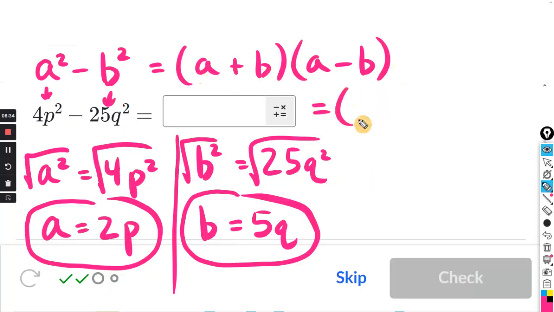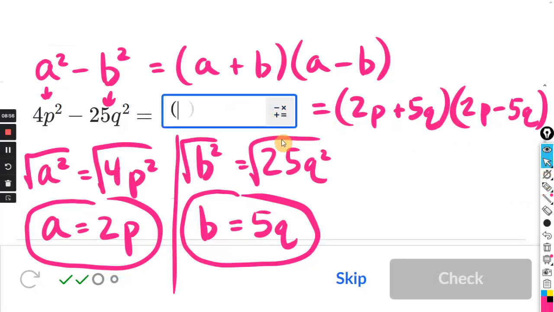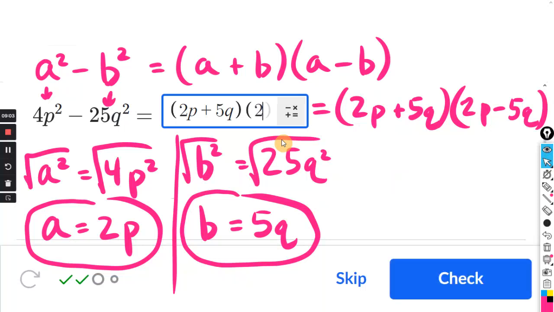For a plus b, it's going to be 2p plus 5q. For a minus b, it's going to be 2p minus 5q. All right, and that's it. Write in the box, parentheses, 2p plus 5q, close them up, parentheses, 2p minus 5q. Close them up. And that's it.